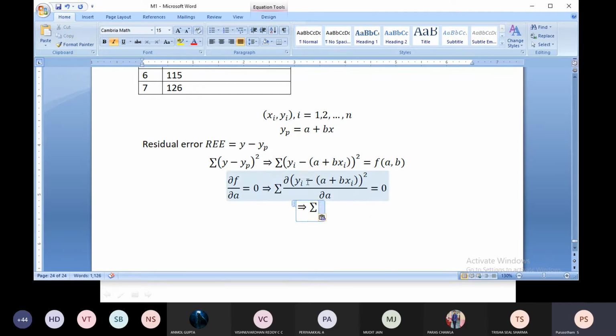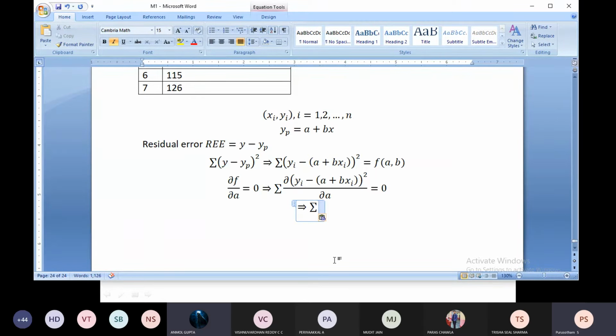The summation of the partial derivative, dou by dou A of (A plus Bx) whole square. What is the formula? Something like the A plus Bx form, right? Hello?